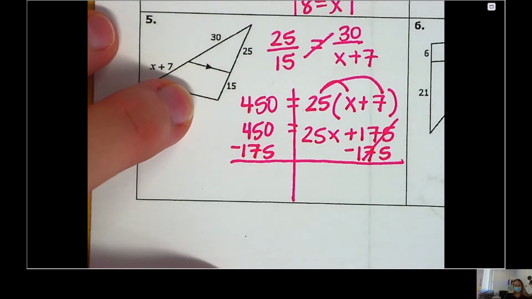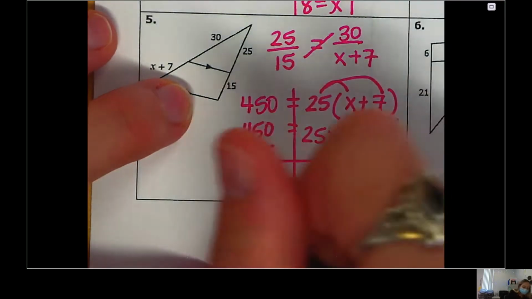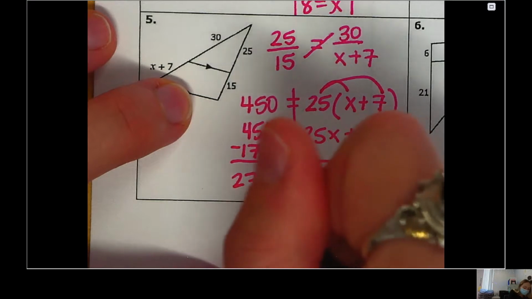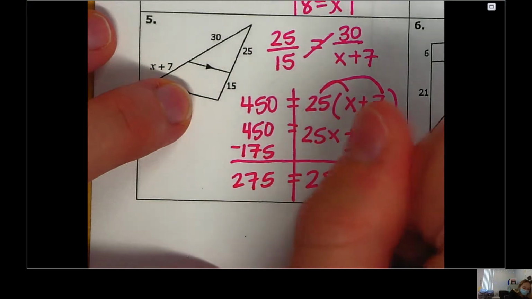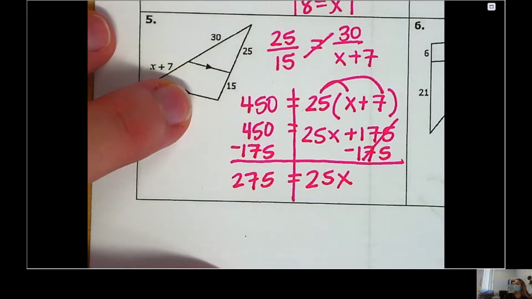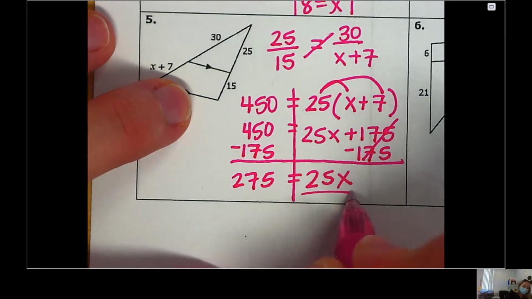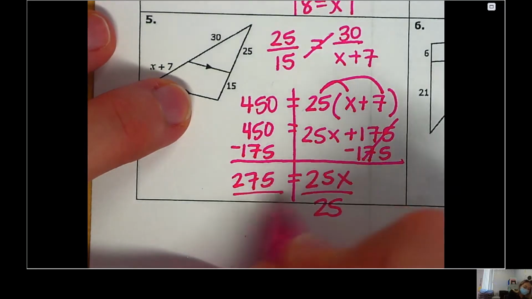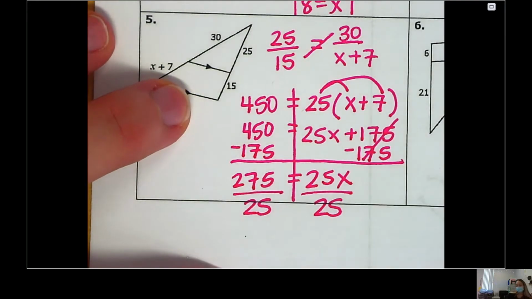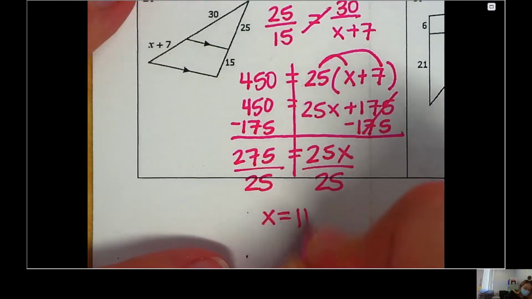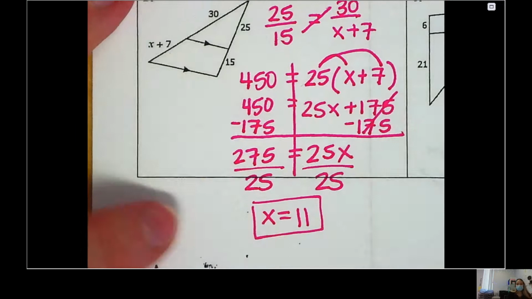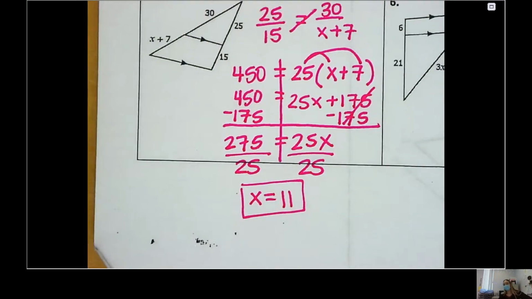So this gives me 275, yep, equals 25x. And then my final step, divide by 25. What do you get for your x value? 11, good. And that is truly as hard as it gets because I gave you an equation there.